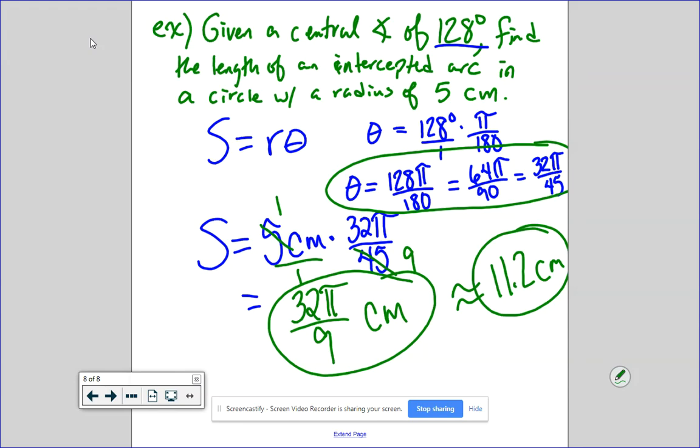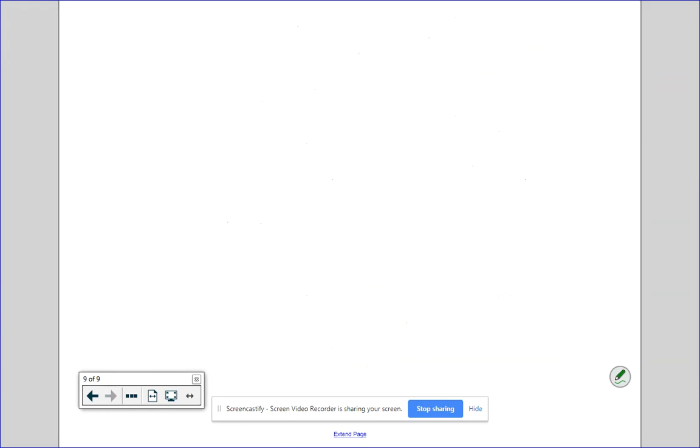Okay? Questions on that? Does that make sense? All right, let's do one more. So I'm going to give you the angle and the radius, and you find the arc length.